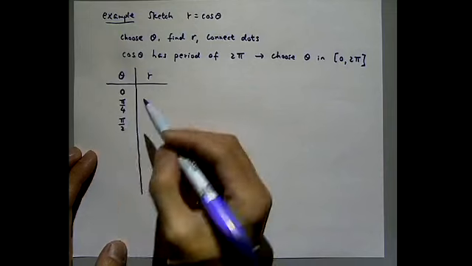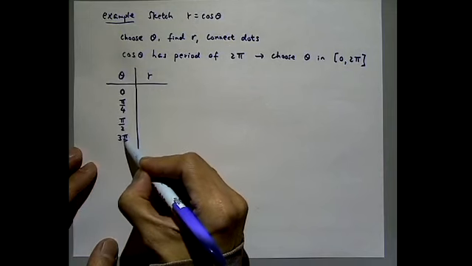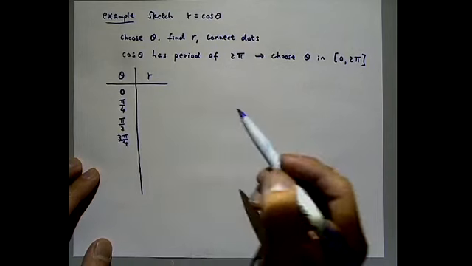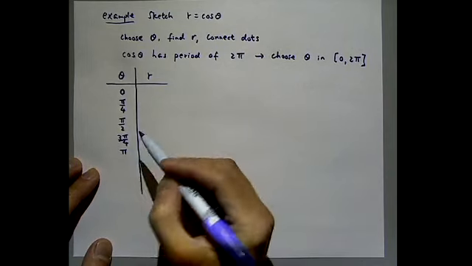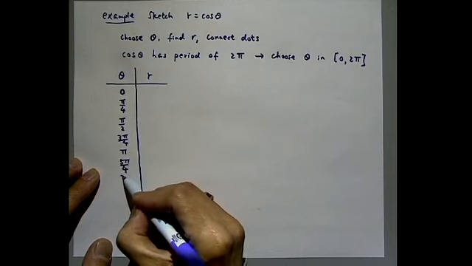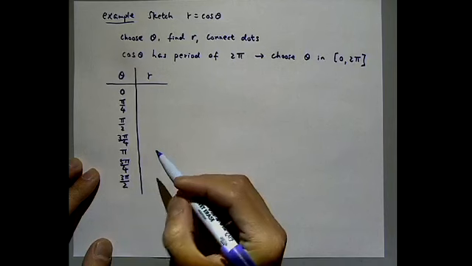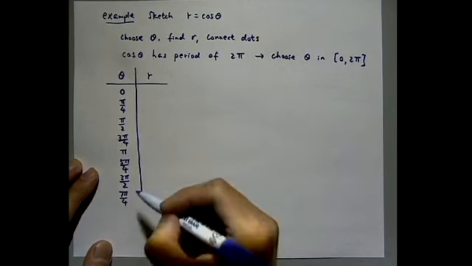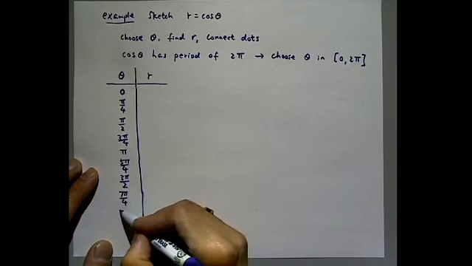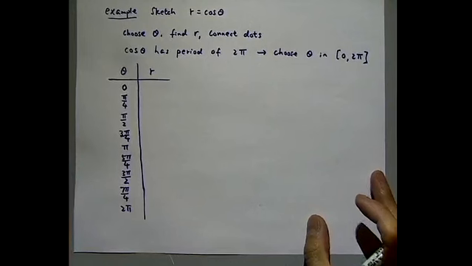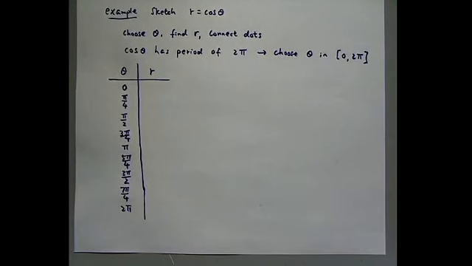Pi over 2, 3 pi over 4, 5 pi over 4, 3 pi over 2, 7 pi over 4, and 2 pi.